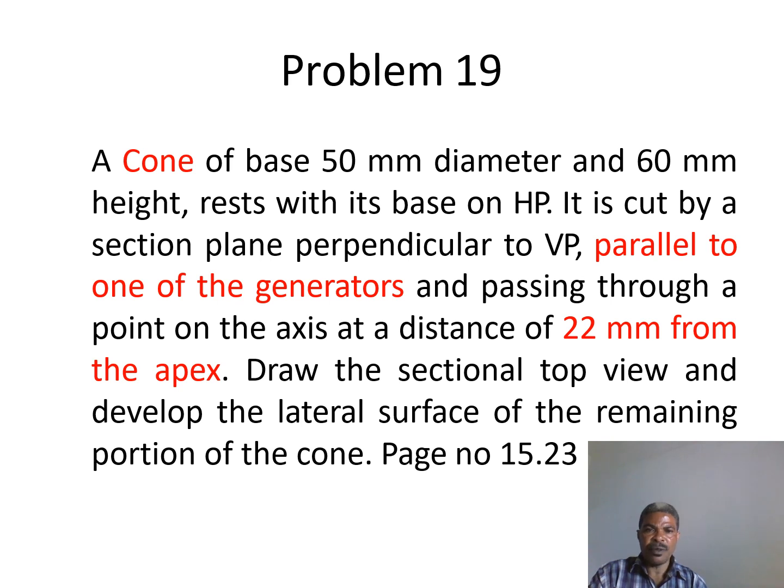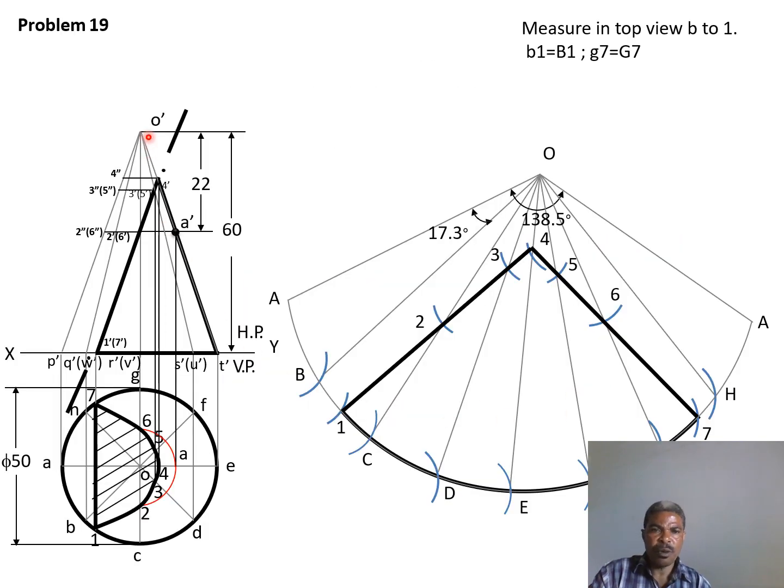Another problem is for a cone. A cone again, 50 millimeters diameter and 60 height, resting there. So another thing to note here is that it passes through a point on the axis at 22 millimeters from the apex, from above. Let's see. So from this very point, it goes down through the axis.